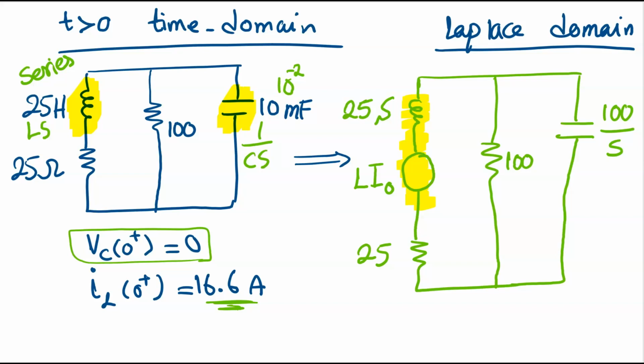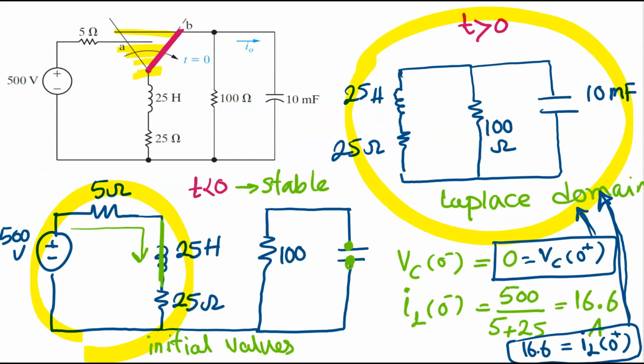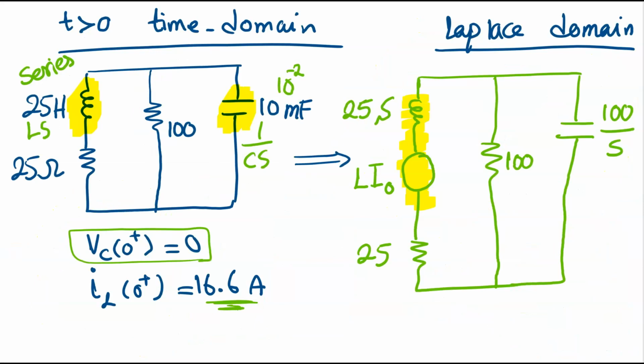Going back to the circuit before 0, the initial current that I had here was in this direction. So it means that I need to choose the voltage positive here and negative here, so the current comes out of the positive and it would be in the same direction as the initial current.